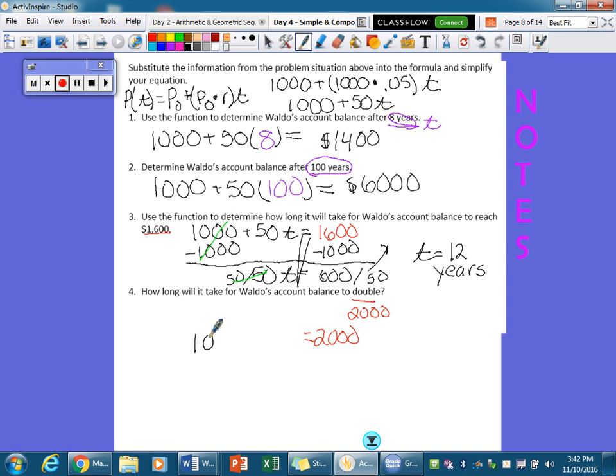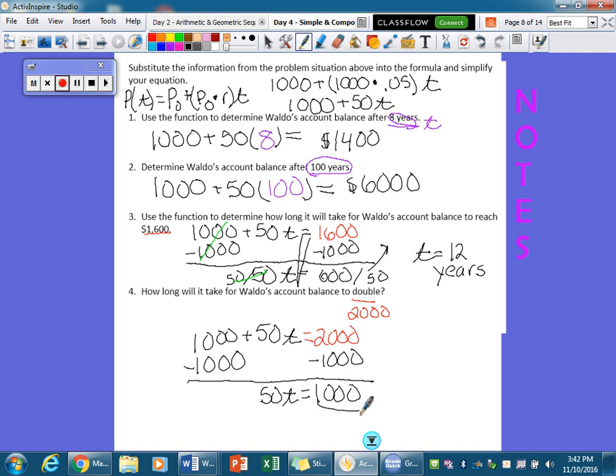So 1,000 plus 50t, and then I'm going to subtract 1,000 on both sides. 50t equals 1,000. Divide by 50. t equals 20 years.